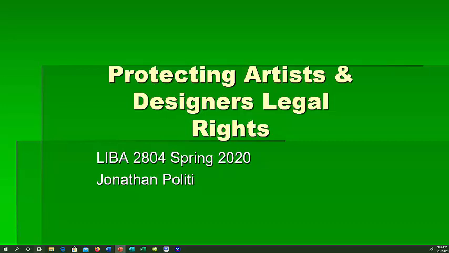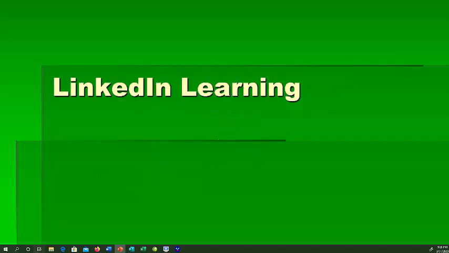We'll try that again. Okay, this is for the assignment that was due, that I gave out on business structures, and it was the LinkedIn Learning assignment. I handed this out in class, and I believe I also sent out an email with the PDF with the questions and the instructions.